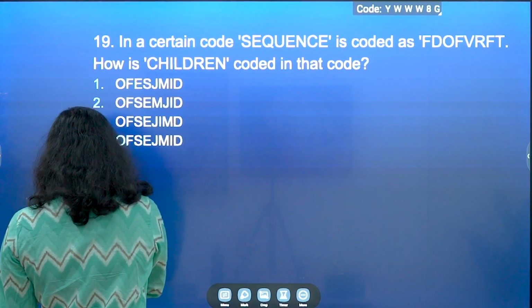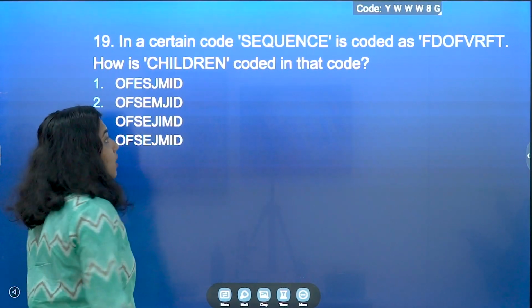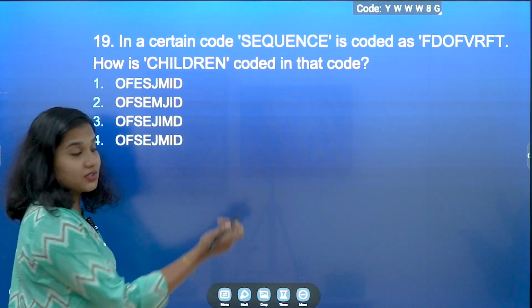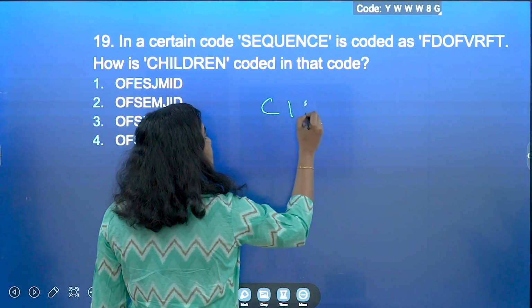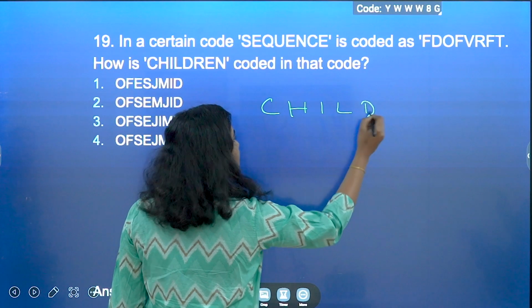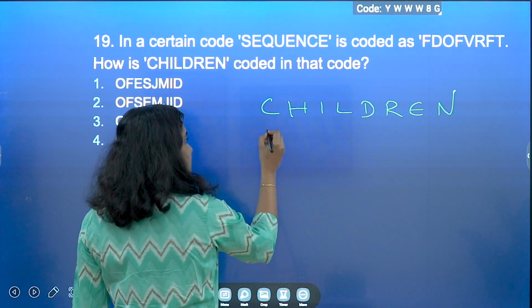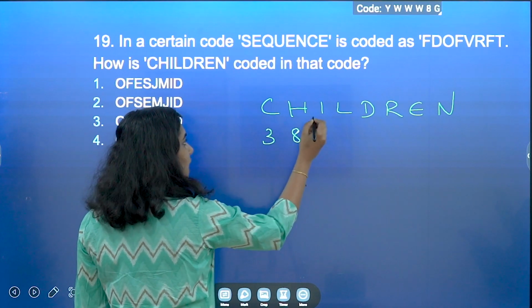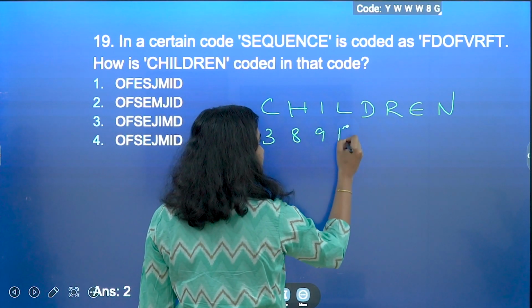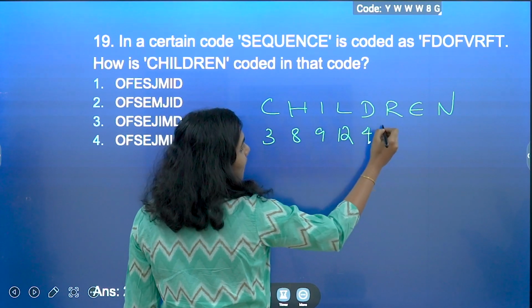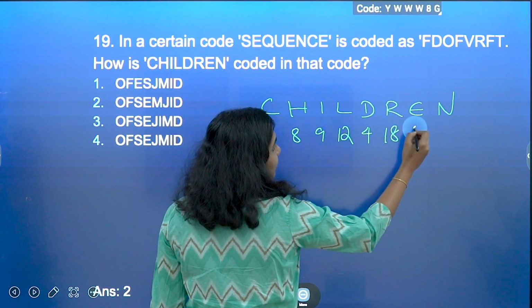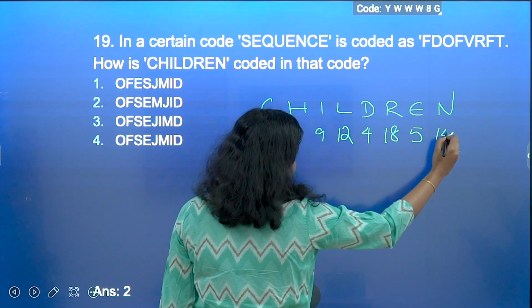Okay, so now let's find out the code for children. C is 3, H is 8, I is 9, L is 12, D is 4, R is 18, E is 5, N is 14.